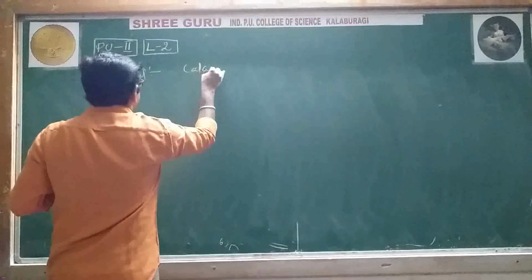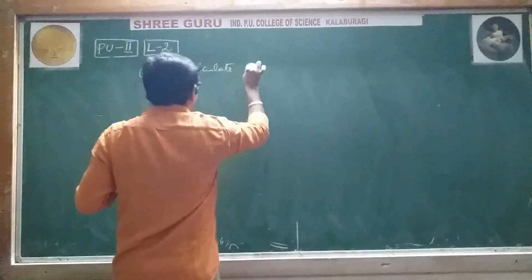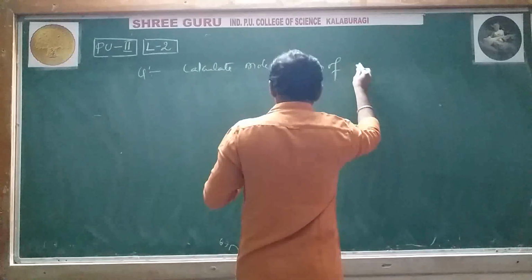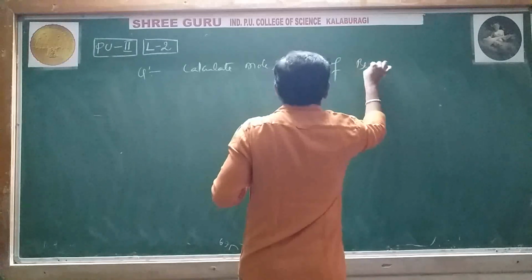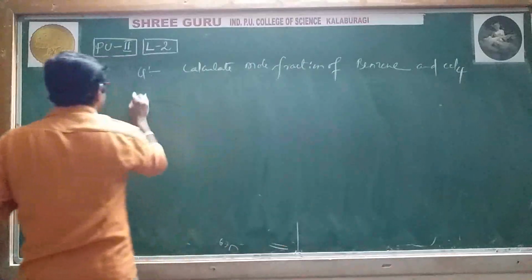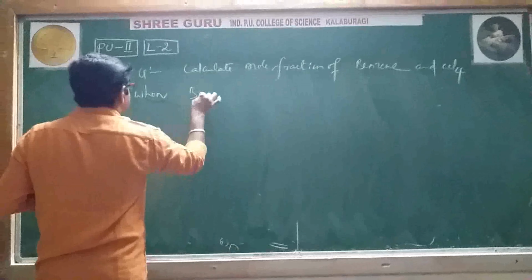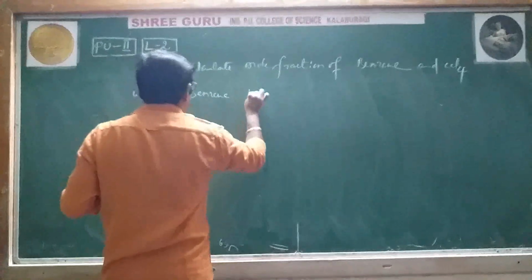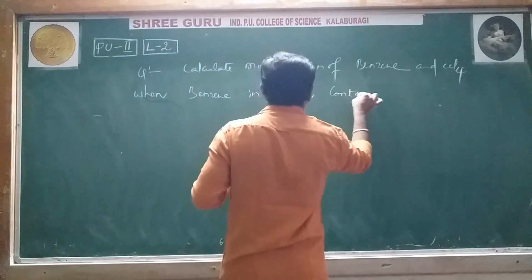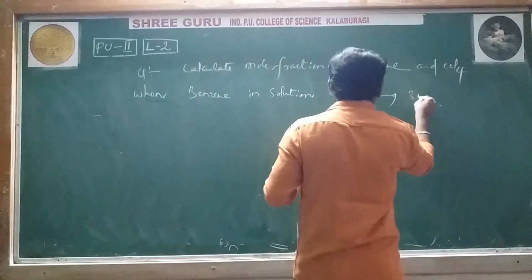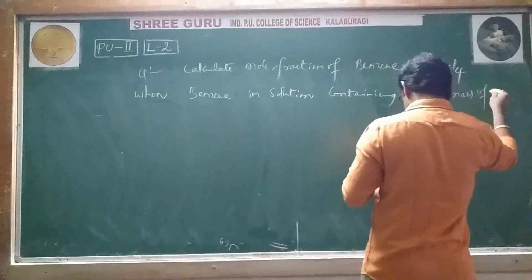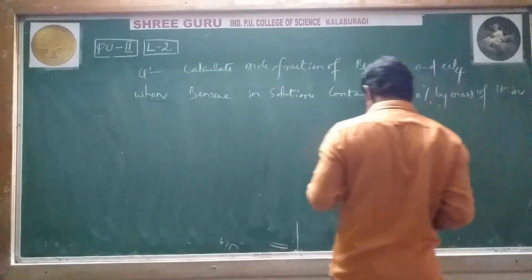Question: calculate the mole fraction of benzene and carbon tetrachloride when benzene is in a solution containing 30% by mass of it in CCl4.